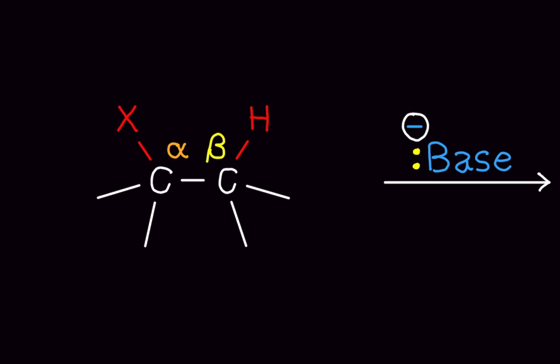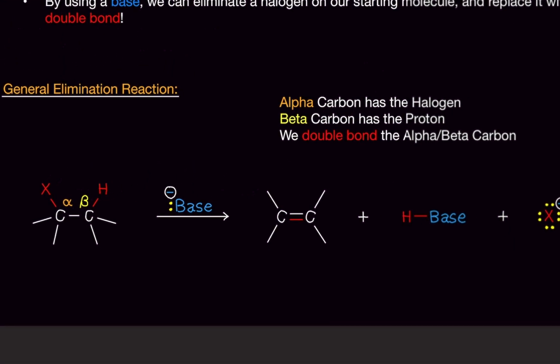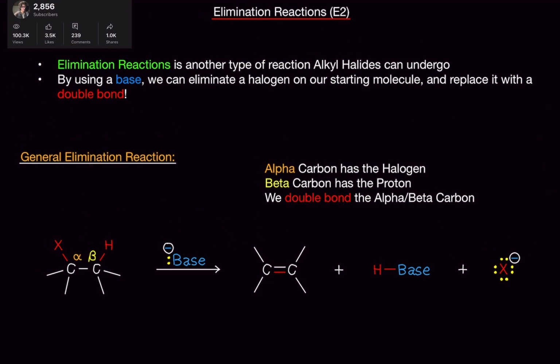Now this beta carbon is essential to do this reaction because attached to the beta carbon must be a proton. What we do is we essentially use the base to sacrifice a proton to put a double bond onto the molecule. Okay, so this is the overview of the reaction. This is just a general elimination reaction.